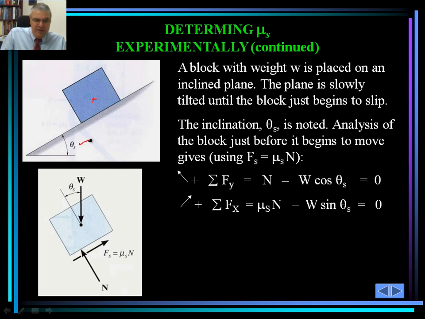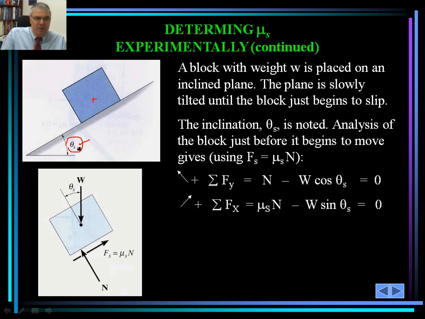So we're increasing theta sub s, this is the angle, and gradually we incline this surface until we reach a point that the block just begins to slip, and that angle, the angle of inclination, is denoted here as theta sub s.